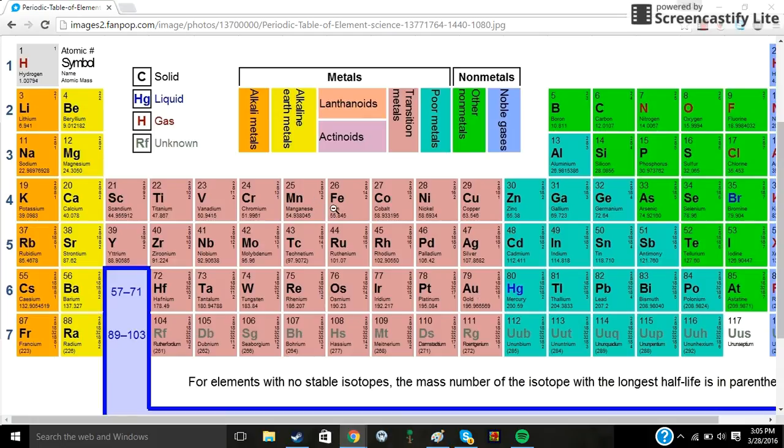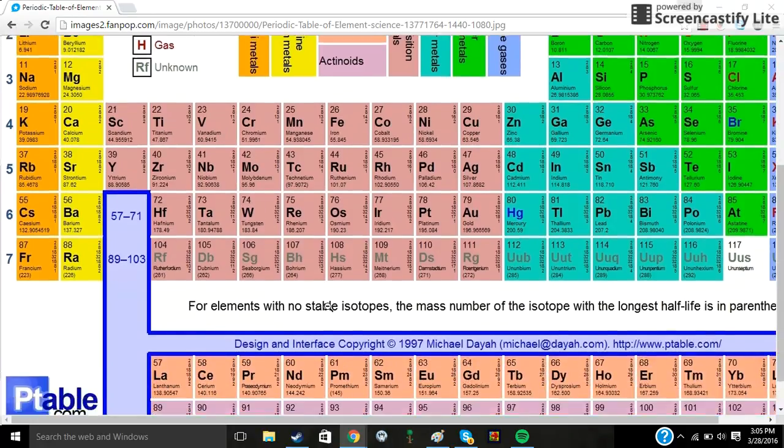Fe is iron. Cu is copper. I'm trying to look for some examples. There's not really a lot, but some of them don't make any sense whatsoever.